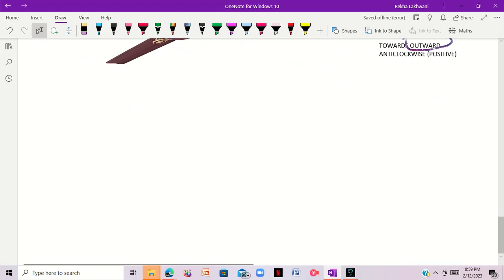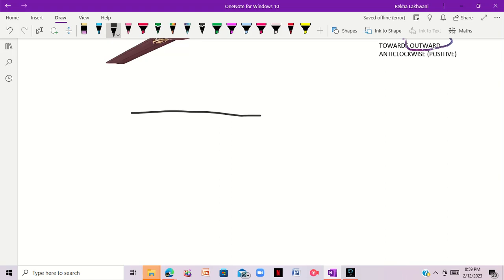Now let's have, for example, an axial rotation, and I have applied force in this direction, right? And this is my moment arm, and this is my angle theta.